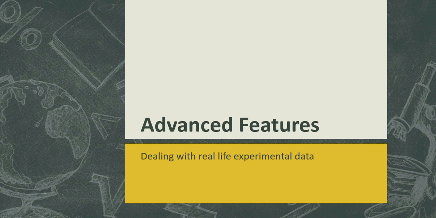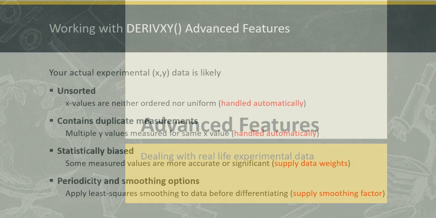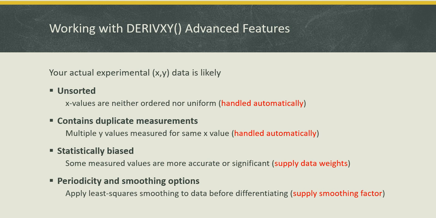Let's talk a little bit more about the advanced optional features for DERIVXY, which apply when you're working with real-life experimental data. Typically, when you generate empirical data, they are likely unsorted. They are likely to contain duplicate measurements where you have one value for X but multiple values measured at the same point.